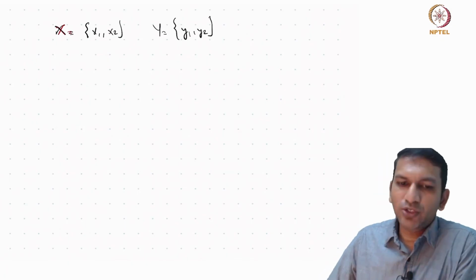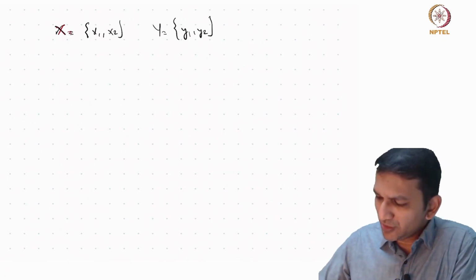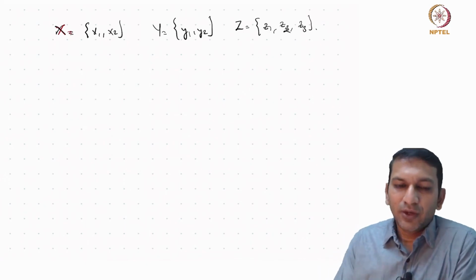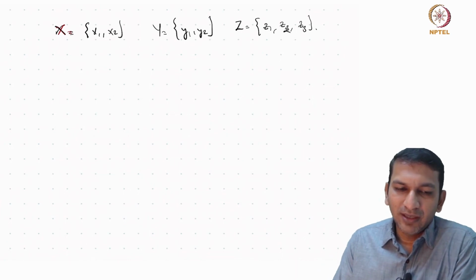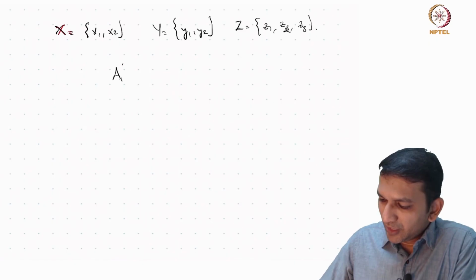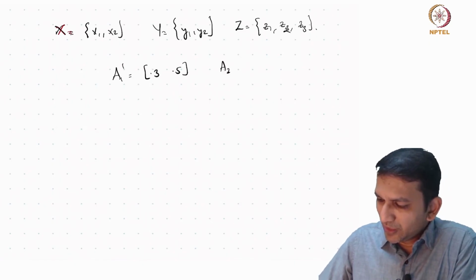That means both these domains are discretized by just 2 points, and z by 3 points. Now since we are only trying to get the calculations right, let's start with the given inputs. A1 dash, let's assume it is 0.3, 0.5, and A2 dash, which is 0.4, 0.6.